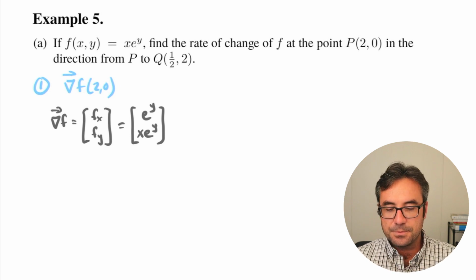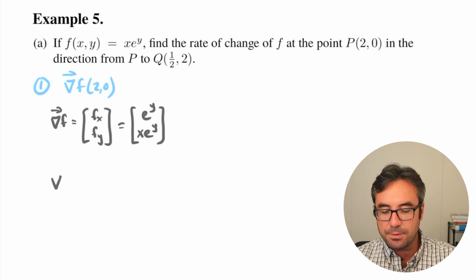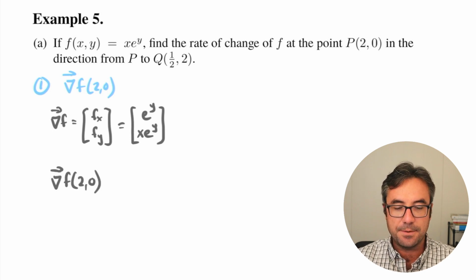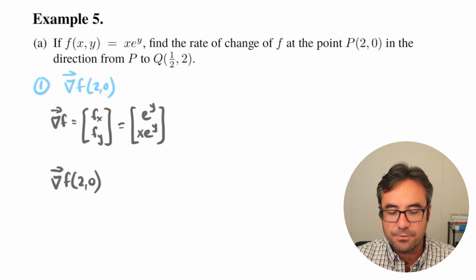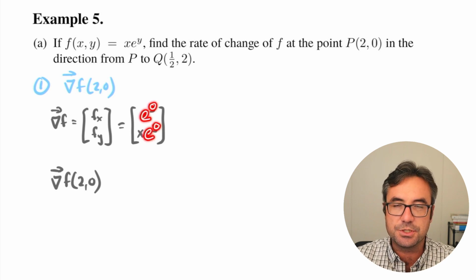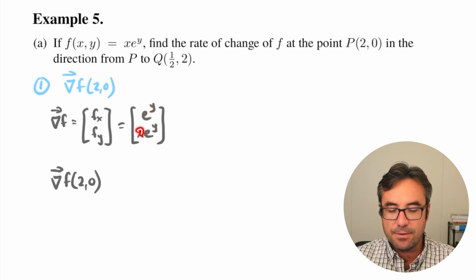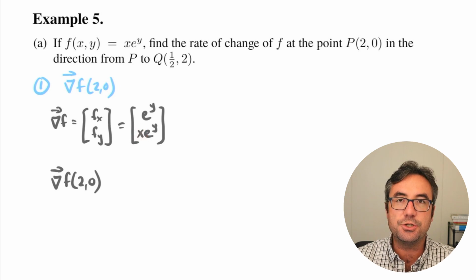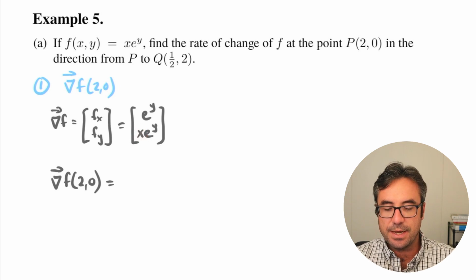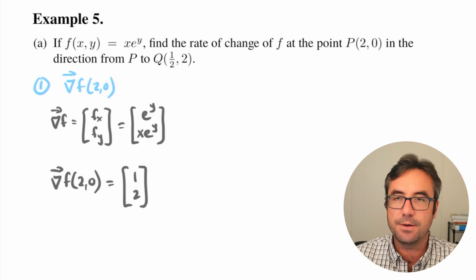And now, to actually evaluate this, we're going to plug 2 in for x and 0 in for y. When we plug 0 in for y, we get e to the 0, which is just 1. And then we'll have a 2 there for x. So we end up with the vector 1, 2 once we plug in.